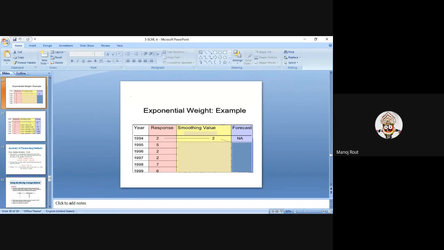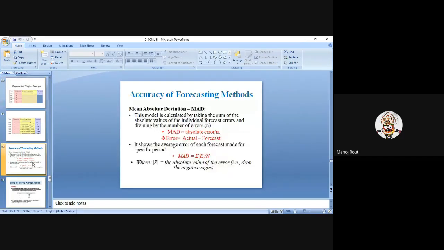So going to next slide. You have already written this formula, accuracy of forecast method. The first one is mean absolute deviation. This is calculated by taking the sum of absolute values of individual forecast errors and dividing by the number of errors. The error equals actual minus forecast, and it shows the average error for each forecast made for a specific period.